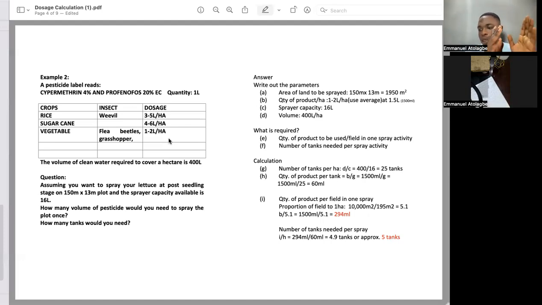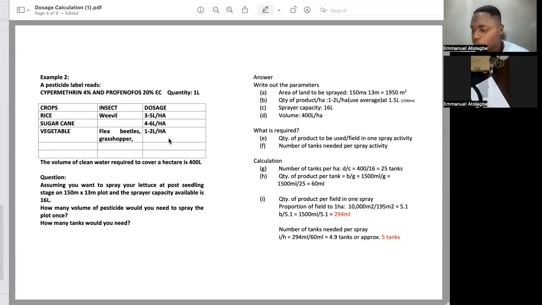If 400 liters equals this, if 1.5 liters equals this, how many liters will equal this? Since a hectare is known, 400 liters will be required to spray. 16 liters is known. 25 tanks is known.